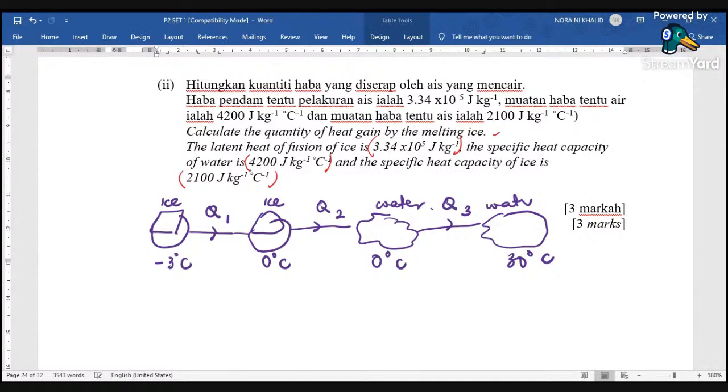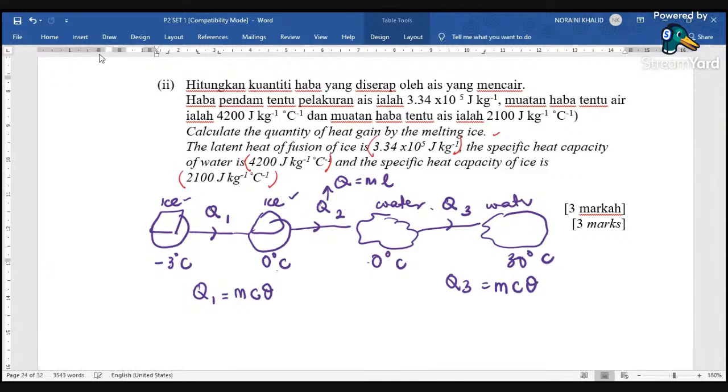From -3 to 0, you can see there's no change in phase, only an increase in temperature. So Q1 uses the specific heat capacity formula, mc theta. For Q2, ice changes to water but the temperature is constant, so this one is latent heat, mL. And then for water, no change in phase, temperature increases, so Q3 is mc theta.